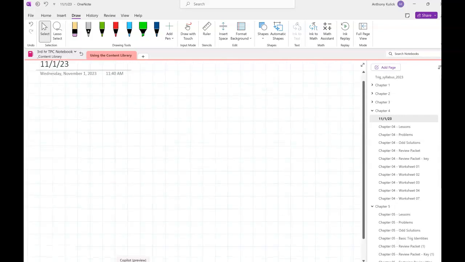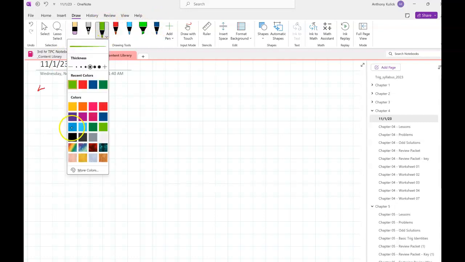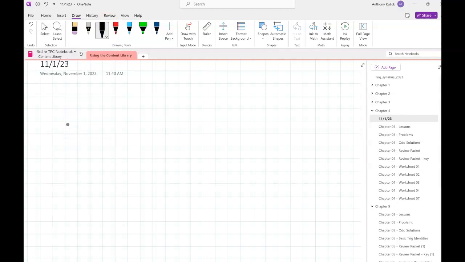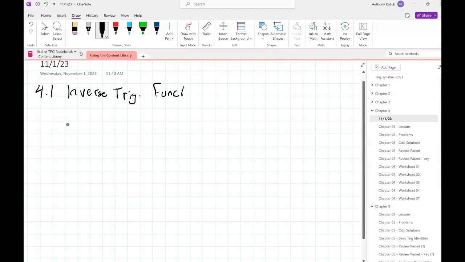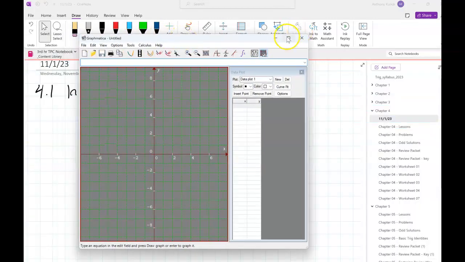So what we're going to be doing in 4.1 is talking about our inverse trig functions. So let's start with talking about sine, right?